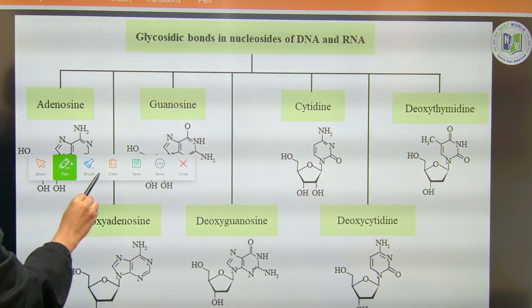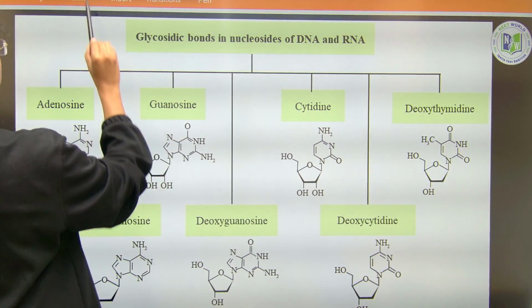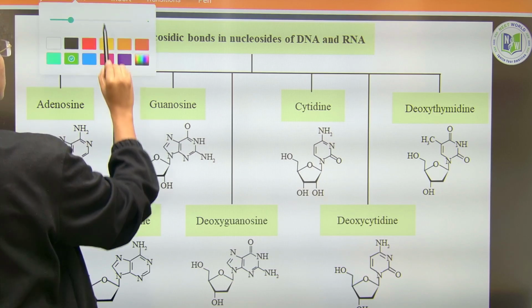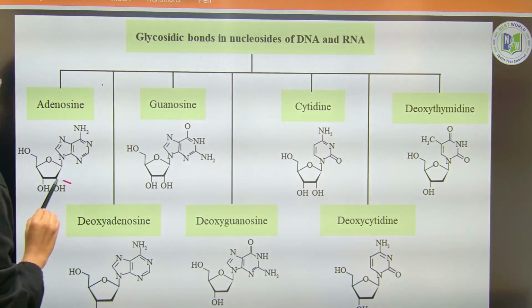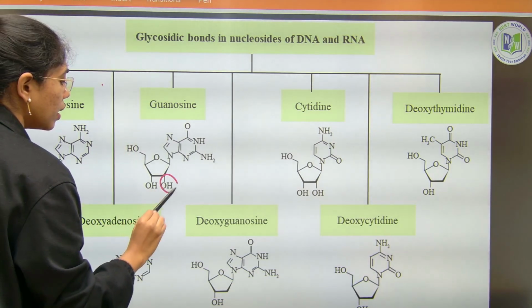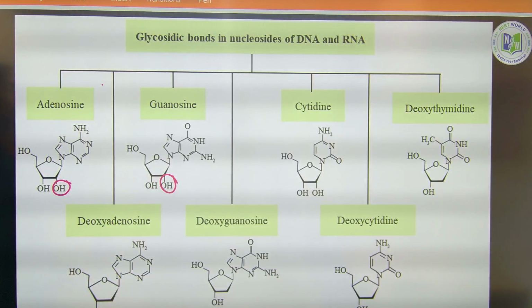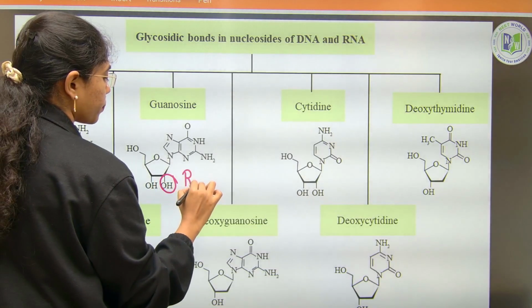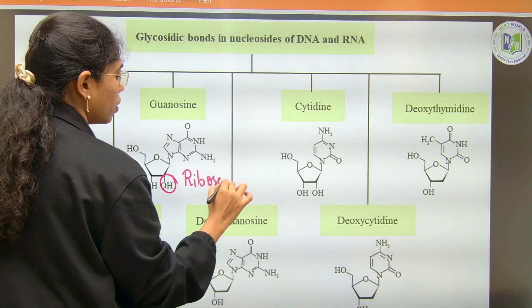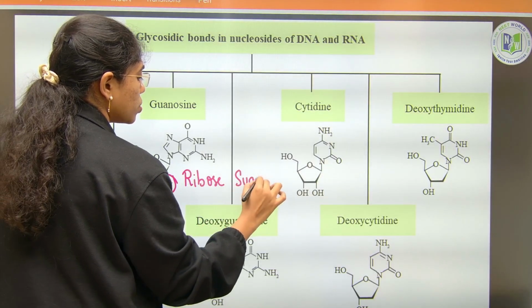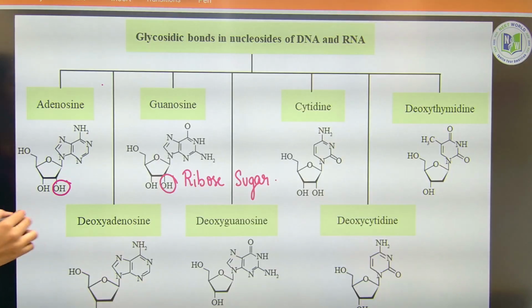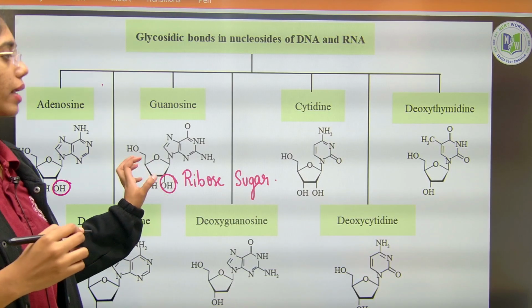Fine, right? Ribose sugar will have an OH group at the second carbon.